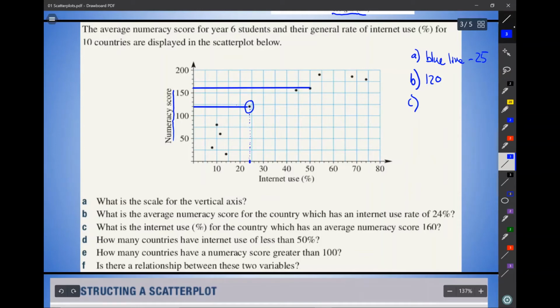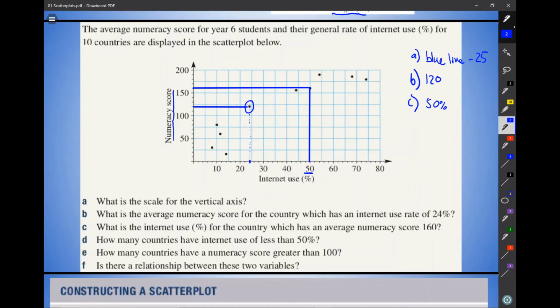And then this dot sits exactly on the 50% line. So that means the answer to question C is 50%. That is, the country that has an average numeracy score of 160 has an internet use of around 50%.